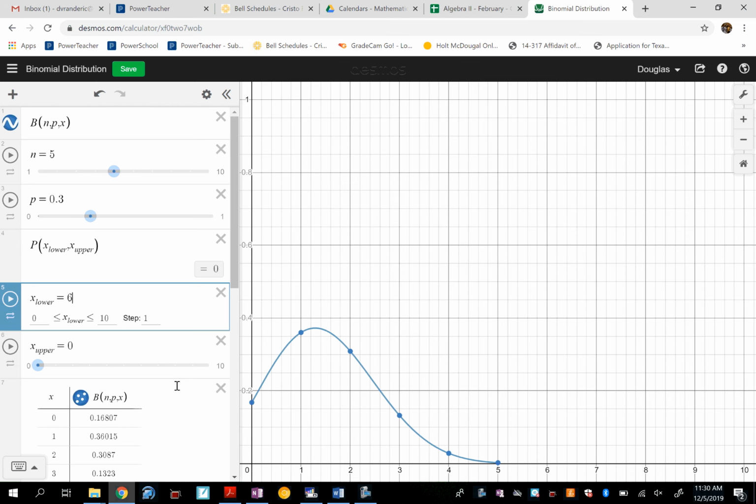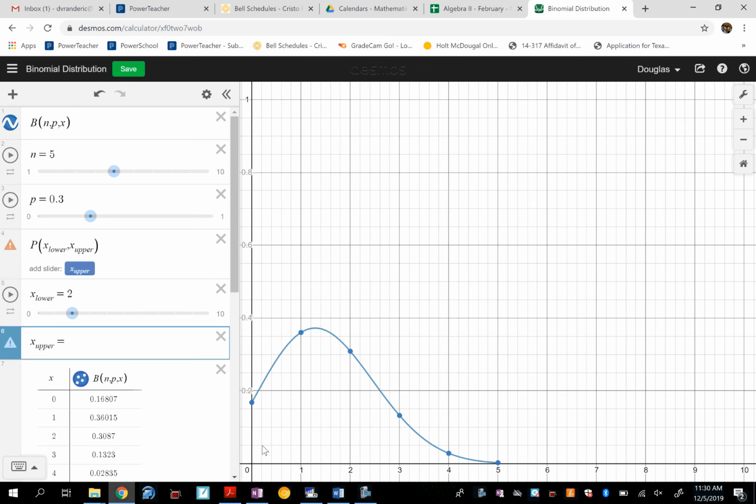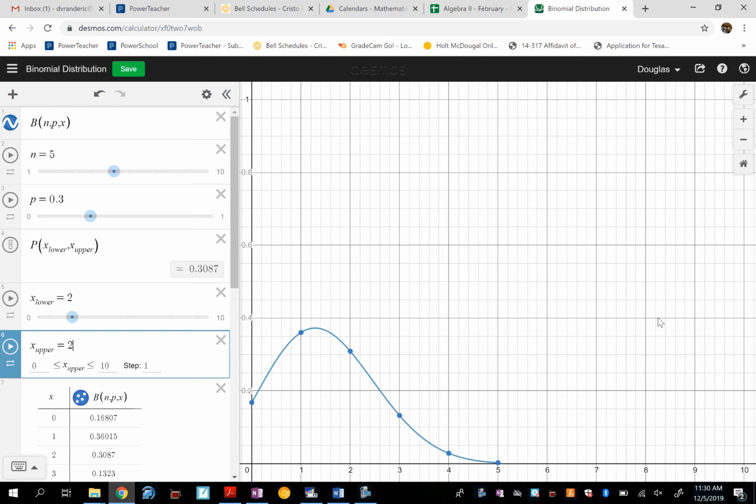Don't think so hard. How many successes? It's 2. We're looking for 2 successes, right? Yes? Is everybody good? Okay. Now, the upper, because we're looking for exactly 2 successes, just write as 2 again. So write the lower and upper is the same. We'll talk tomorrow about what you do when it's not equal to. All right? So you should get 0.3087.